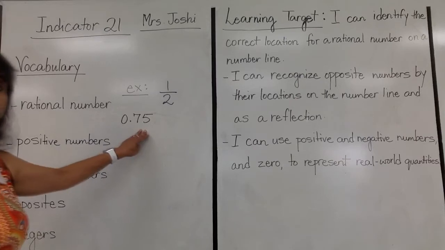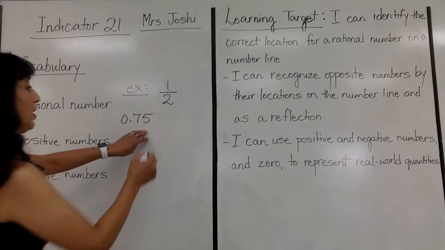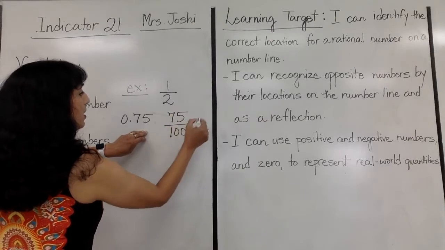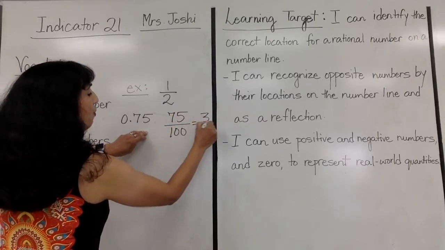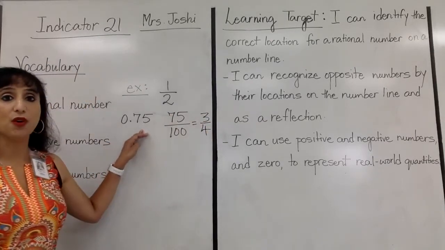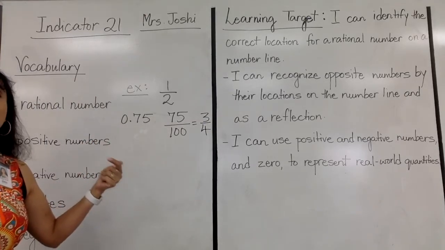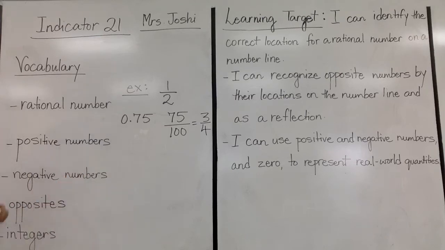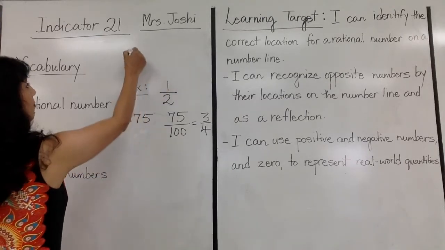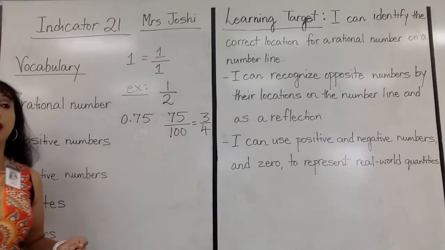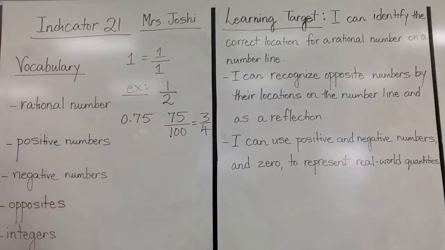Even if I have a fractional part, it is ending, because 75/100 is equal to 3/4 in the simplest form. So a decimal that is ending is basically what a rational number is. 1 is a rational number, because this is 1/1. 2 is a rational number because I can write it as 2/1.